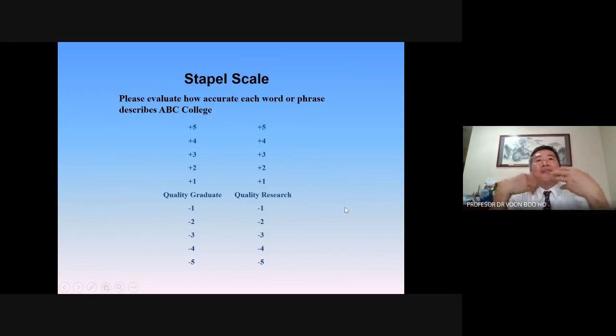So these are the phrases or keywords to describe the quality of the university. So you have all these lists of keywords or phrases as the middle point of this continuum of numbers. If the respondent strongly agrees with that noun or adjective, that respondent will circle, let's say, +5.